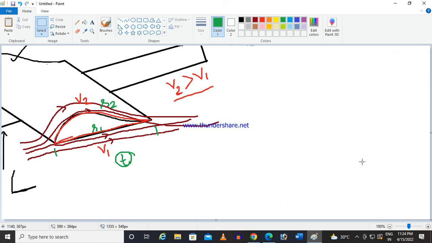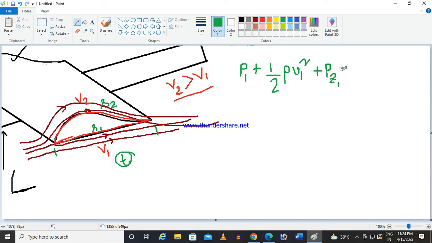Now we come to a very basic principle, Bernoulli's law. That is the static pressure P1 plus the dynamic pressure, rho v1 square by 2, plus the elevation pressure, that is always constant.